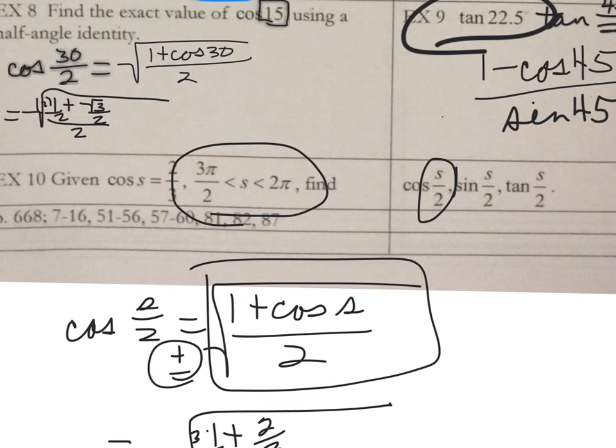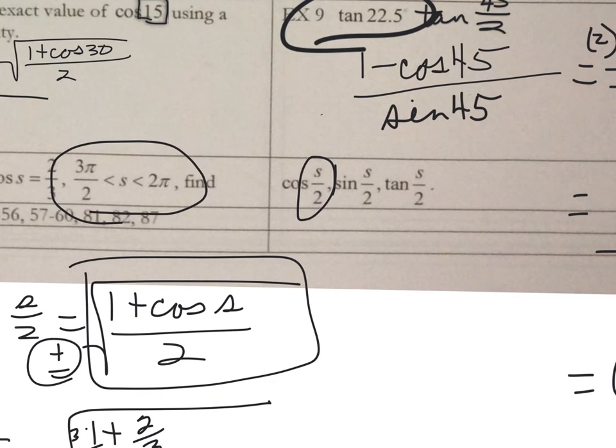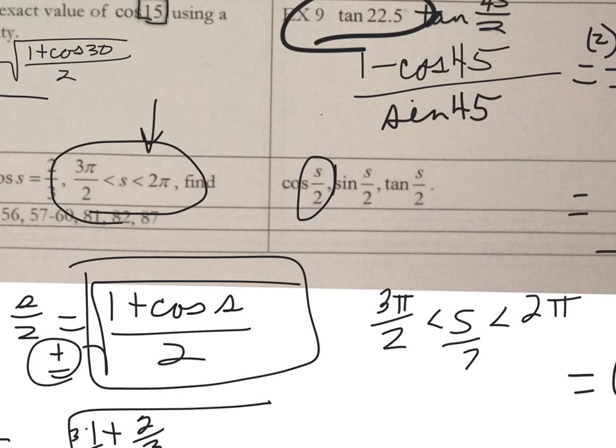Let's start with the inequality that we have right here. 3 pi over 2 is less than s, less than 2 pi. Now, I'm interested in s over 2. So if I divide that by 2, I would need to divide the other 2 by 2 as well. So divide by 2 here, and dividing 3 pi over 2 would give me another factor of 2 in the denominator.